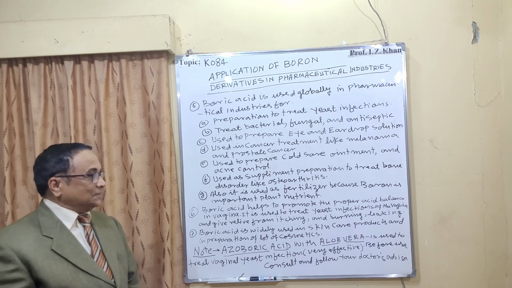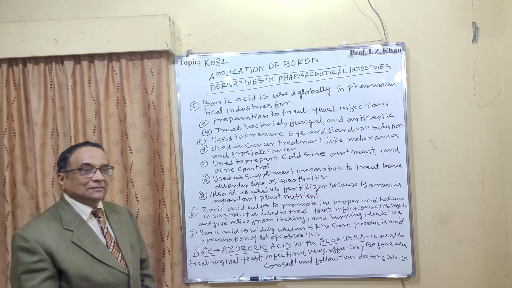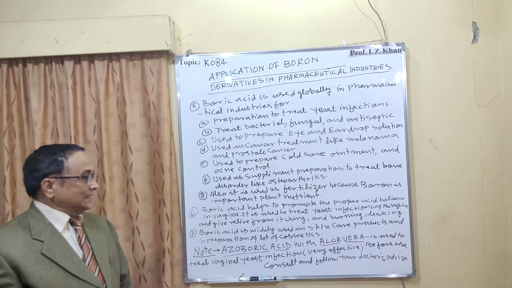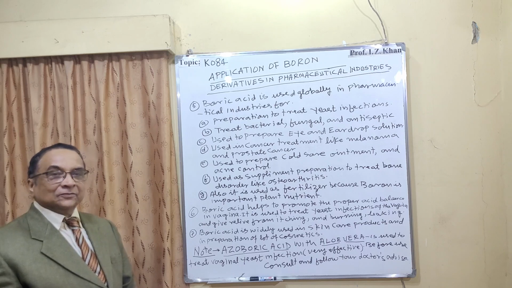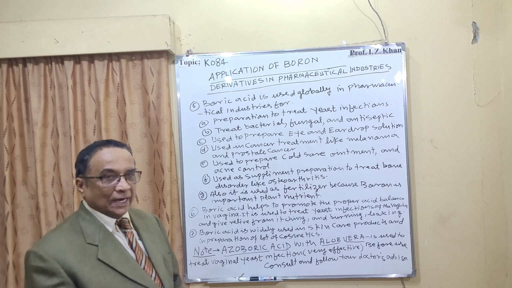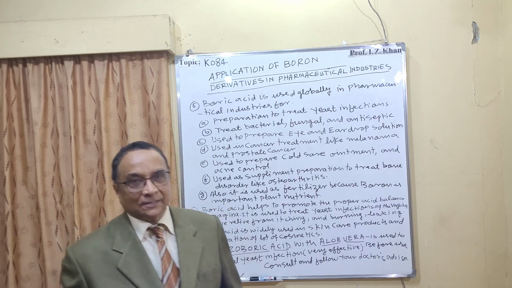Isoboric acid is mixed with aloe vera. It's a very important preparation, and it is used to treat vaginal yeast infection, and it is very effective. But before use, you should consult your gynecologist, your doctor, and follow their advice.